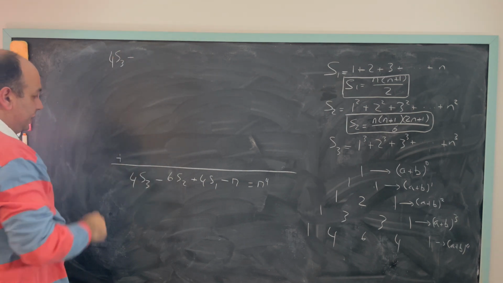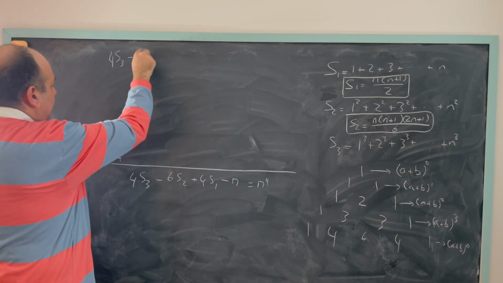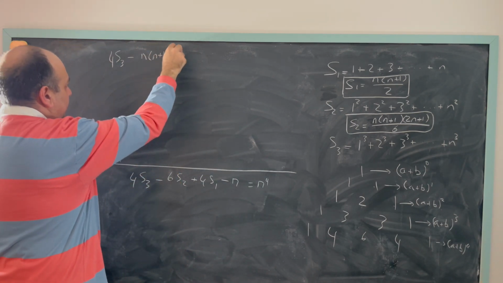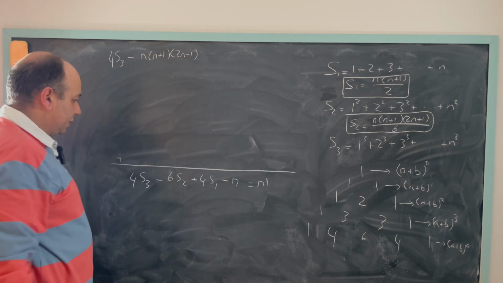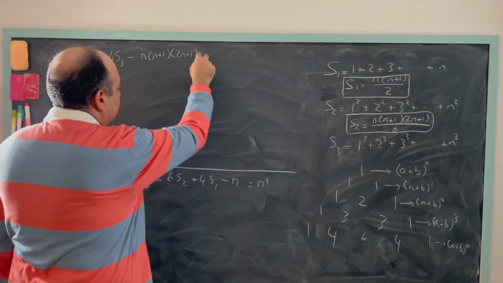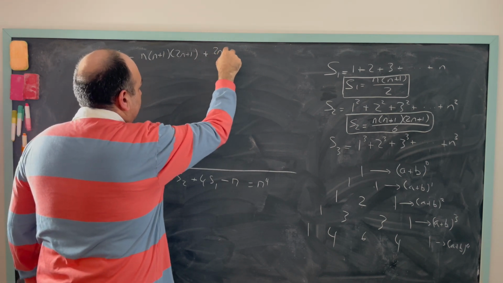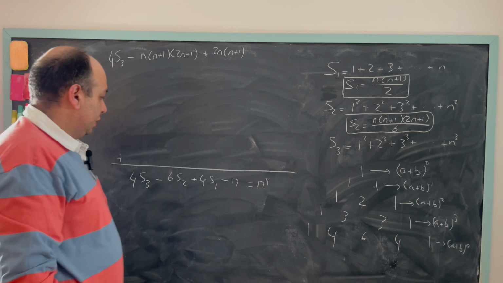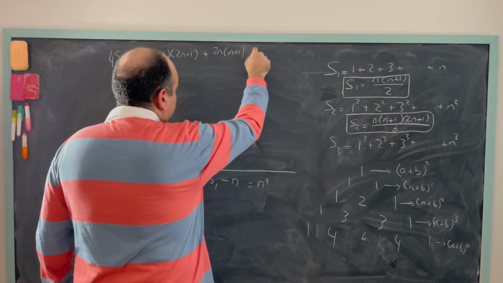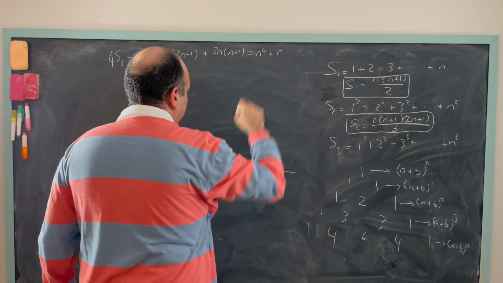So 4S3 minus 6 times S2. 6 times S2 is n times n plus 1 times 2n plus 1. This is great. Plus 4 times S1. 4 times S1 is plus 2n times n plus 1. That's great. So this is equal to n to the 4 plus n.